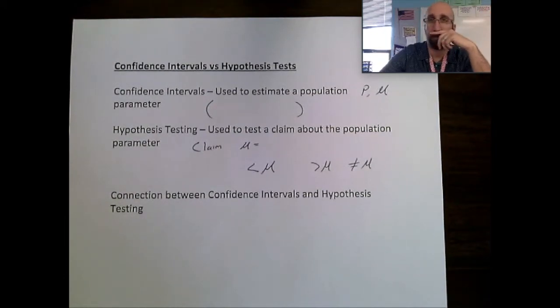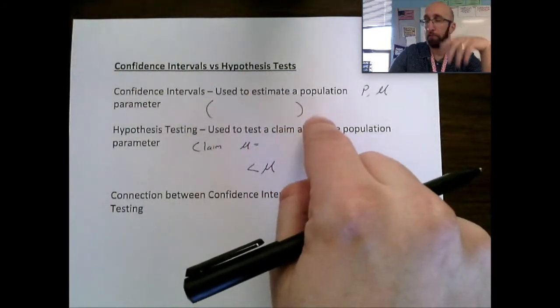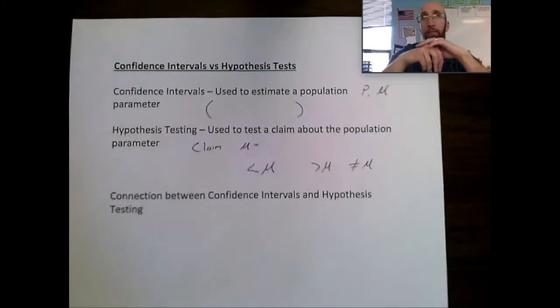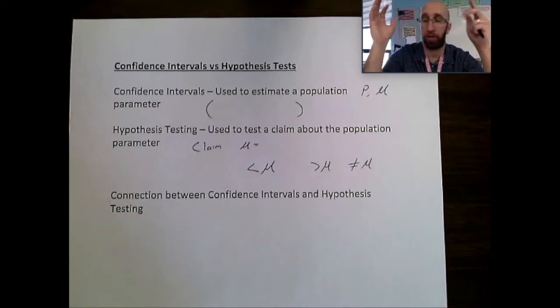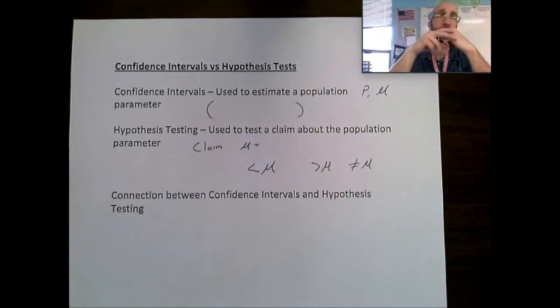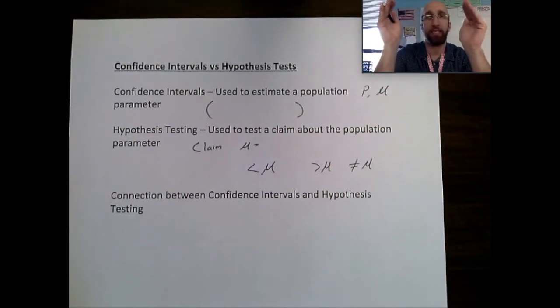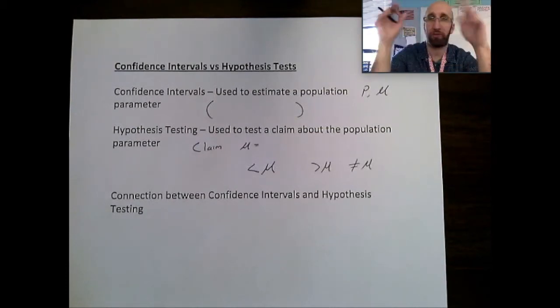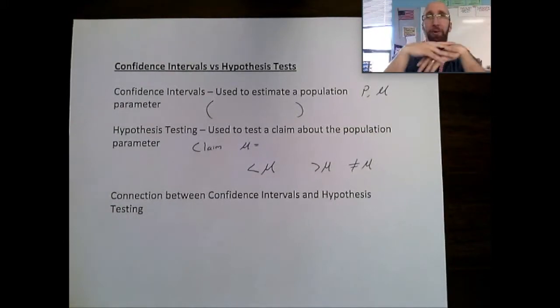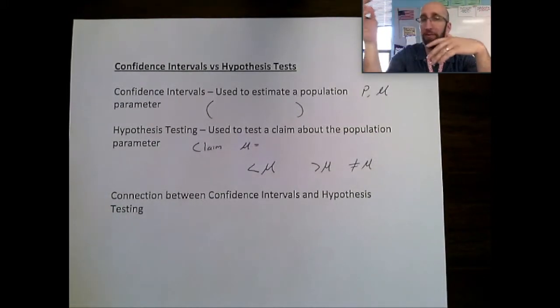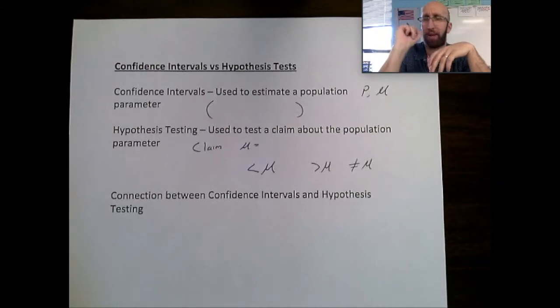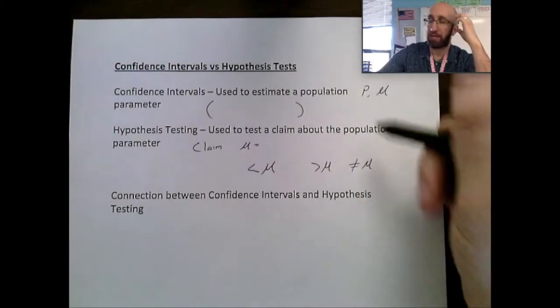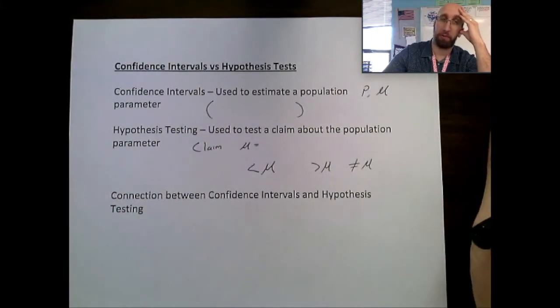Maybe someone claims that the population average is 23, but your confidence interval doesn't include 23. Maybe it goes from 19 to 22. Then you'd say, well, if my confidence interval goes from 19 to 22 and you claim it's 23, I don't believe you. So you could accomplish the same thing with both of these.